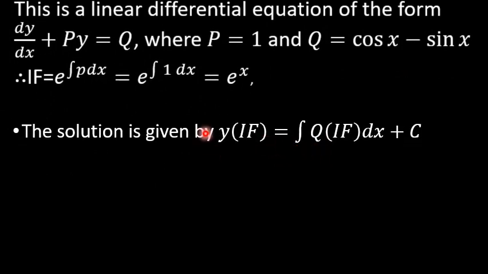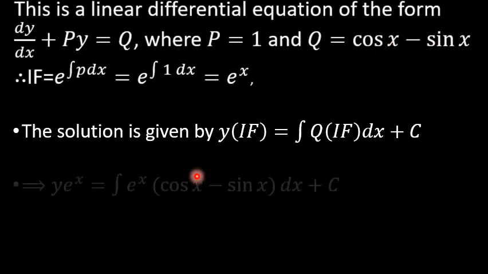The solution of the linear differential equation is given by y into integrating factor is equal to integral of q into integrating factor plus c. So let us use this formula. Here in the given problem, p is 1 and q is cos x minus sin x.